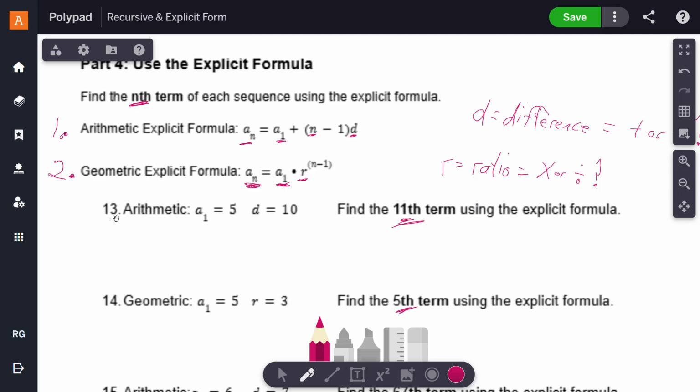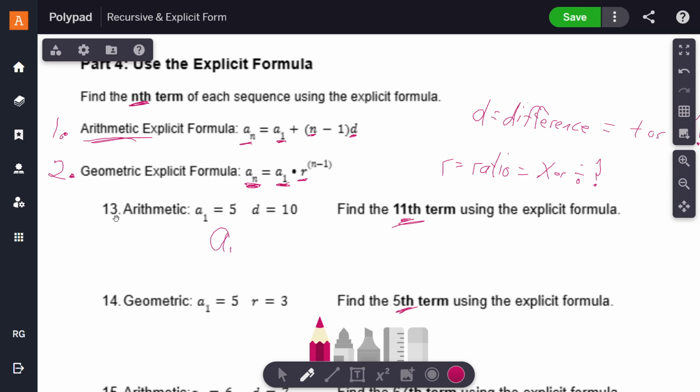So now we're going to look at the arithmetic explicit formula, and we're going to plug in these values. Again, whatever term we're looking for, the first term, and the difference. If it's geometric, then a ratio. It's 3 things that need to be plugged in. All right, so the number term we're looking for is 11.